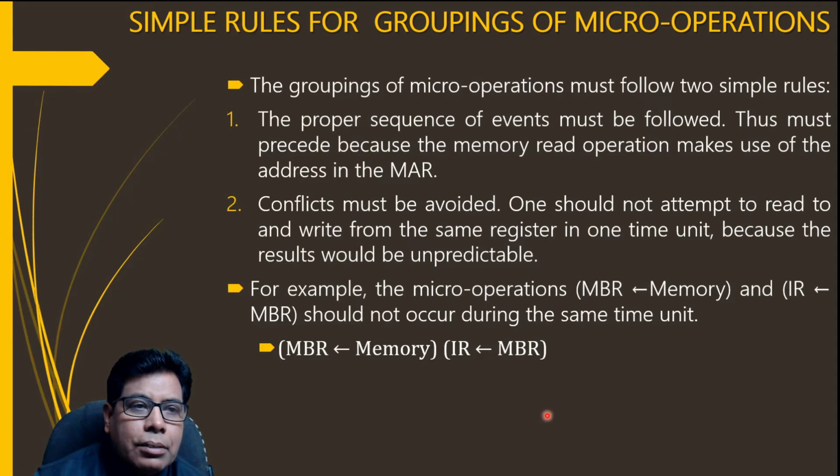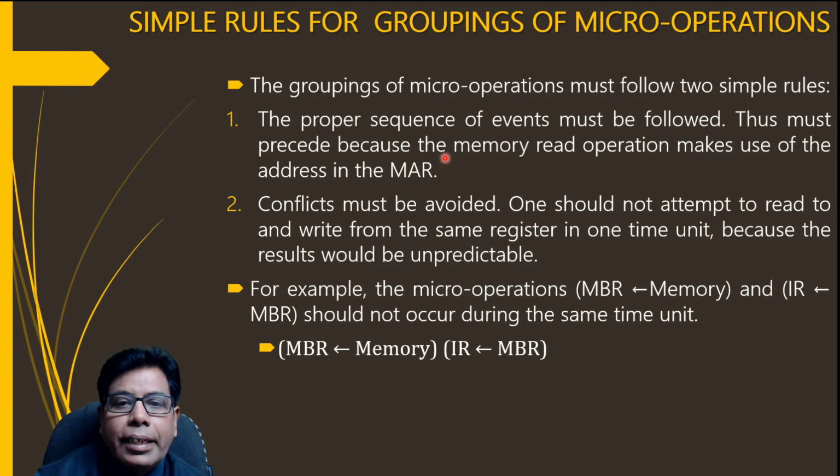So there are simple rules for grouping of micro instructions. The rule here is that the proper sequence of events must be followed. This is because the memory read operation makes use of the address in MAR. So MAR, the memory address register, will always have the address of the memory being read. Then conflict should be avoided.